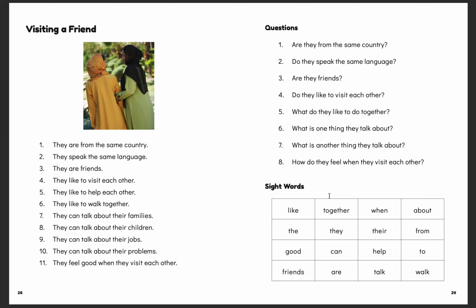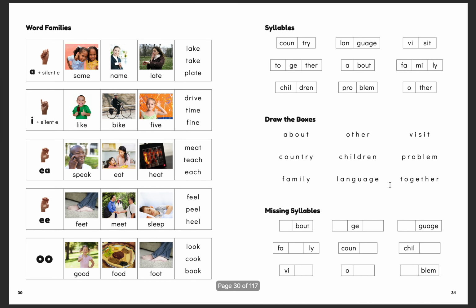These words don't generally follow spelling patterns that well, and they're just good words for our students to practice and try to remember. Then the author has you teaching word families or spelling patterns. And each of these words has a nice picture to go with it, which is really great for increasing vocabulary as well.